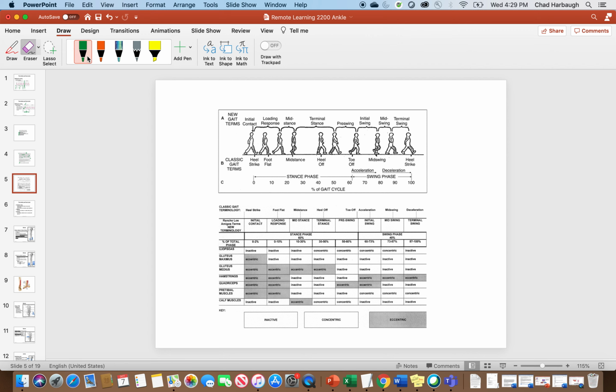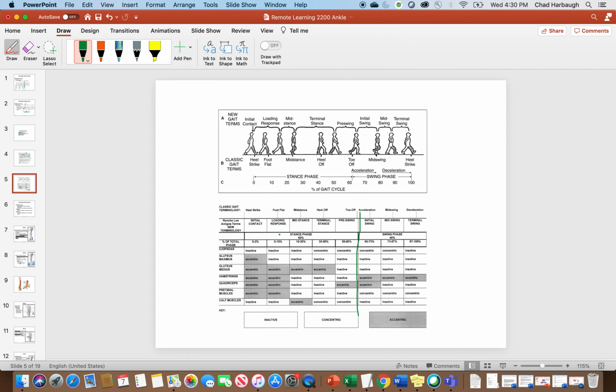So in this slide, when we're looking at the stance phases, we're going to focus on all the muscular action that's occurring up to the pre-swing.